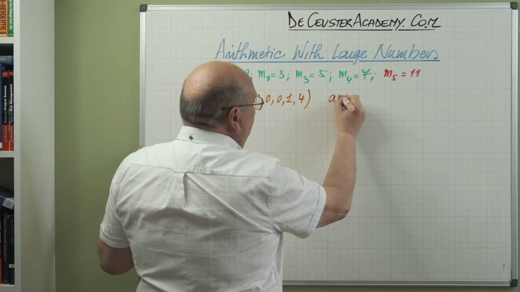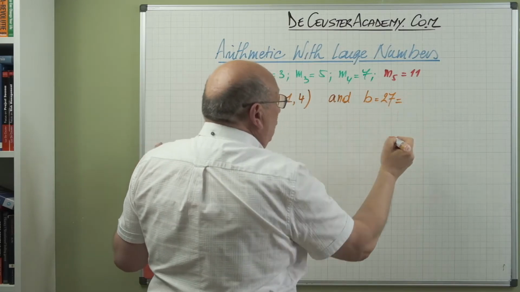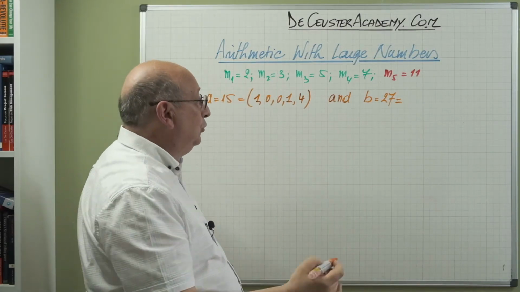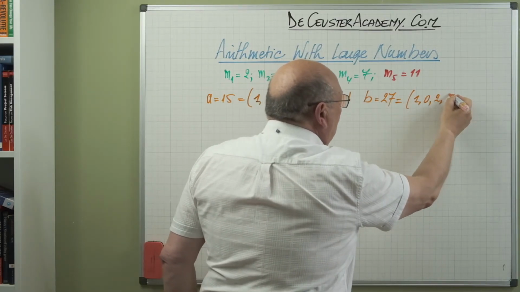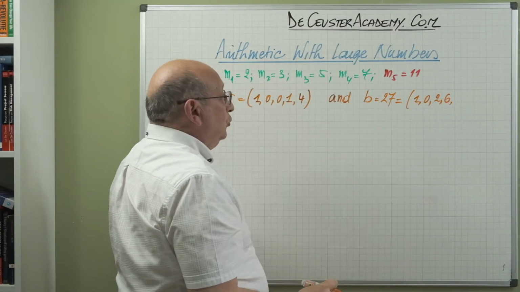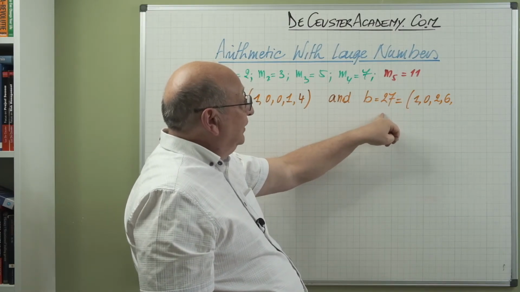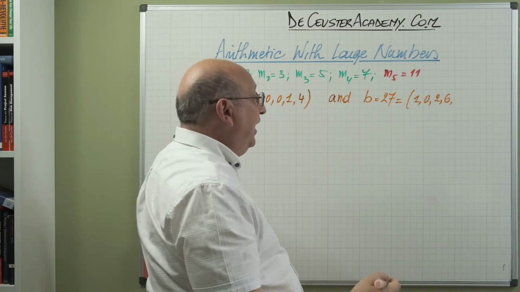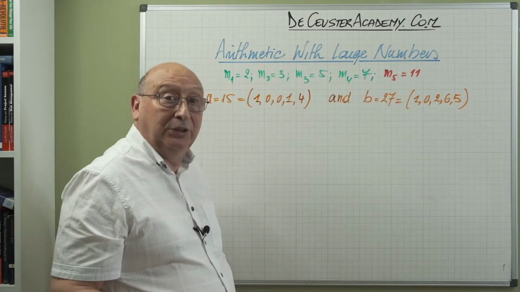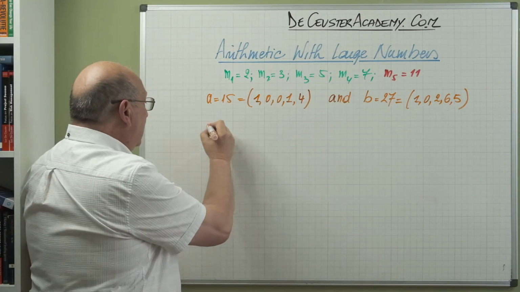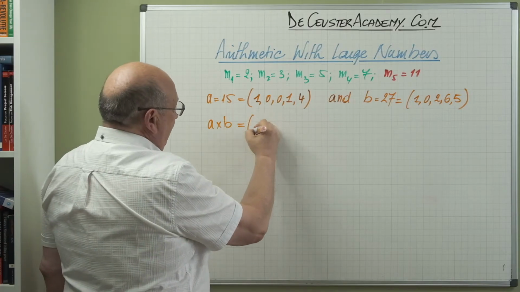And we do the same for B. B is 27. So we have the same values that we had before: 1, 0, 2, and 6. And 27 modulus 11. 27 is 2 times 11 plus 5, so the remainder is 5. So we have here the last parameter, which is 5. And we calculate A times B, we multiply the 5-tuples.